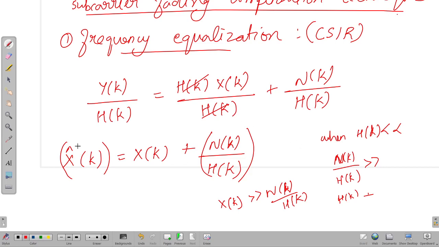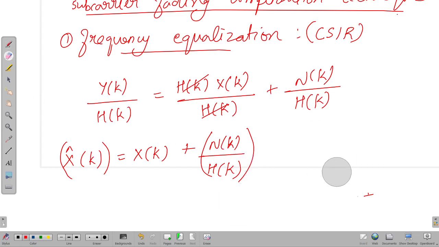So when you divide by h of k, h of k is the gain of the channel, and the channel mostly has a gain of less than 1 because the channel doesn't add strength to the signal. The channel mostly adds noise to the signal.